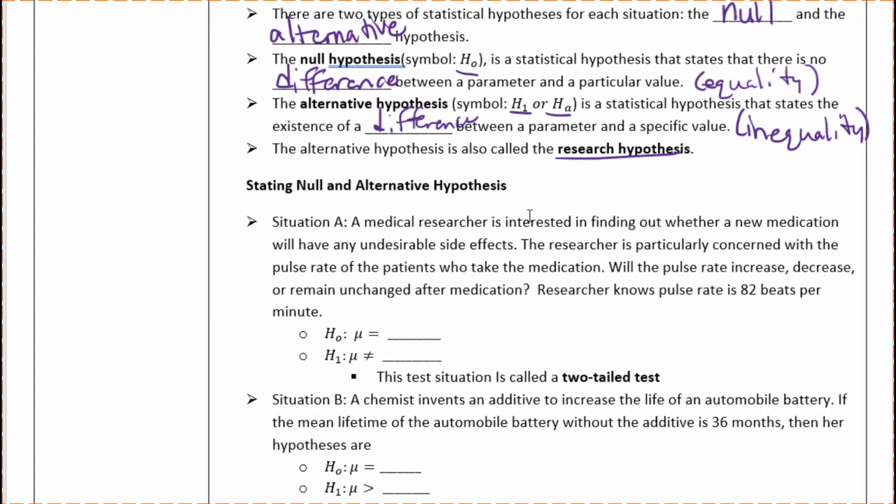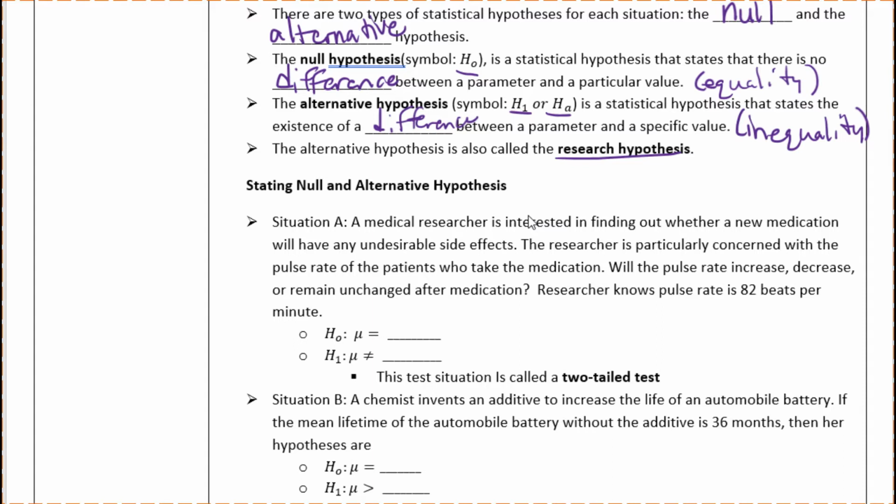So situation A, a medical researcher is interested in finding out whether a new medication will have any undesirable side effects. The researcher is particularly concerned with the pulse rate of the patients who take the medication. Will the pulse rate increase, decrease, or remain unchanged after medication? The researcher knows that the pulse rate is 82 beats per minute.